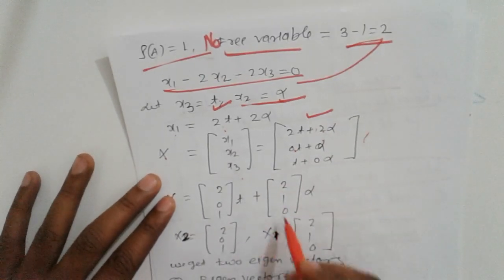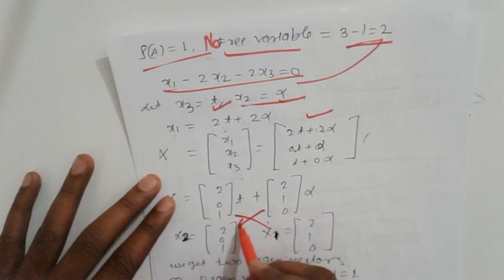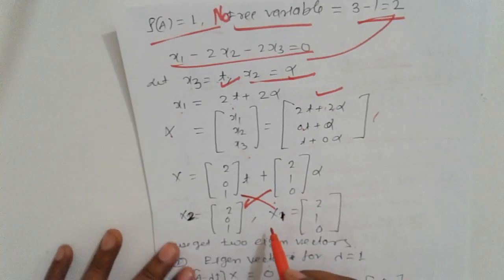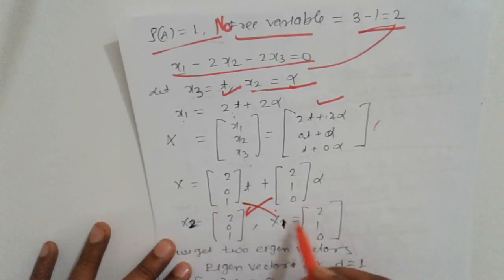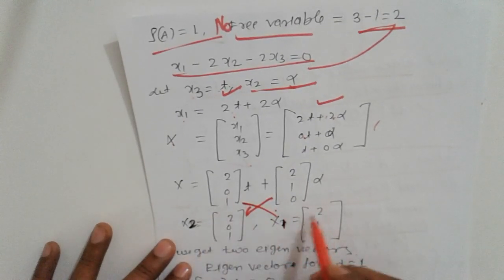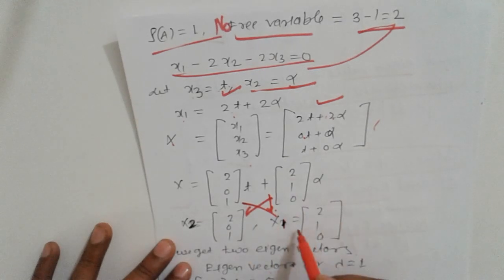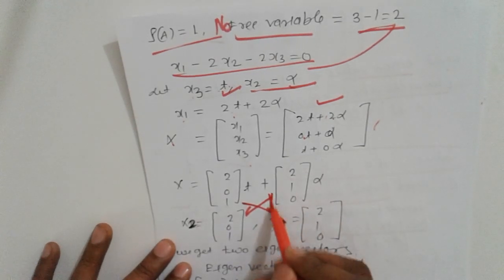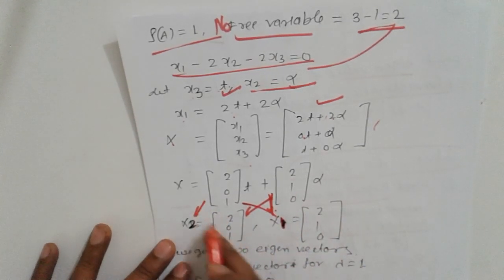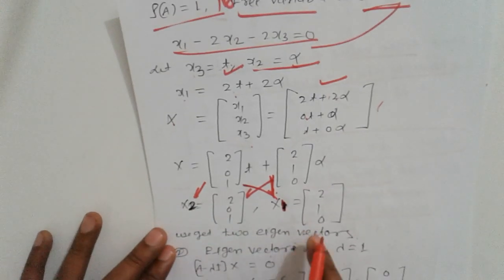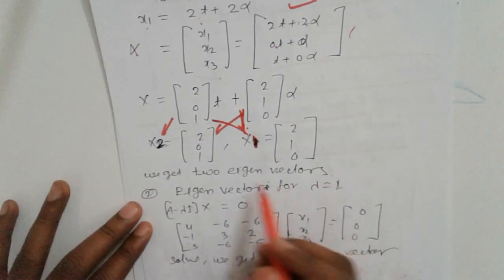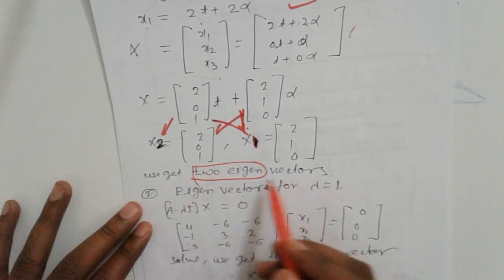Here this is x1 and this is x2. So we can consider any one of them. Now we get the eigenvectors, two eigenvectors here.